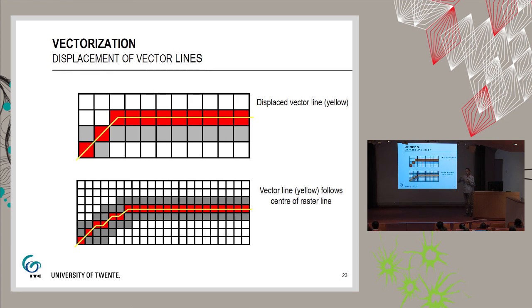That the yellow line is a little bit displaced. Do you notice that? That will happen if you let the computer digitize this line. It will give you slightly displaced lines. So in this case, it can really follow the center of the raster line. Because in gray you have the raster line, and in yellow you have the vector line. And that can be then more accurate.